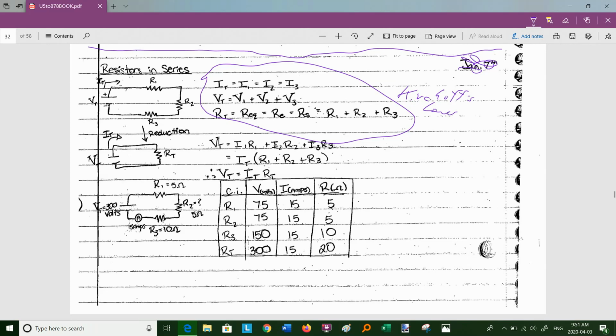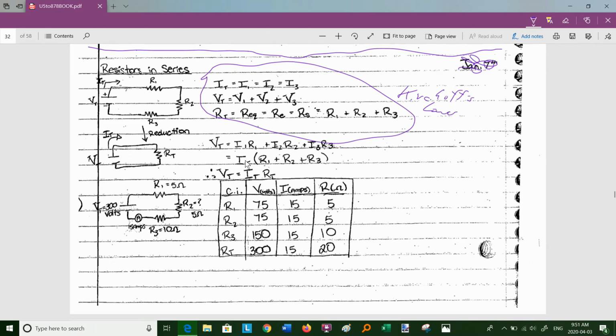A way to prove that, Ohm's law works whether you're talking about simple or complex circuits. So the total voltage would be V1 plus V2 plus V3. But V equals IR, so I1 R1 plus I2 R2 plus I3 R3. But the I1, I2, and I3 are all the same.